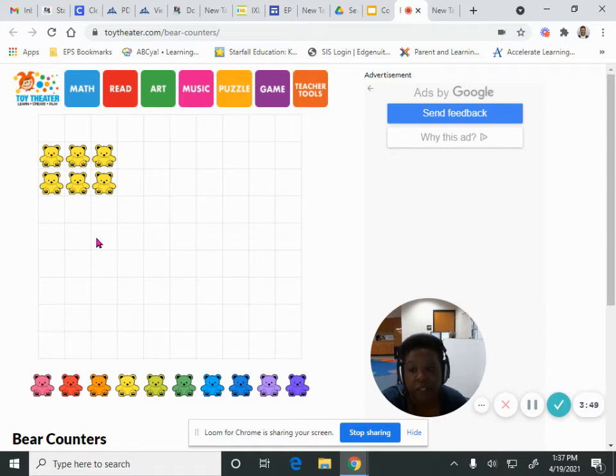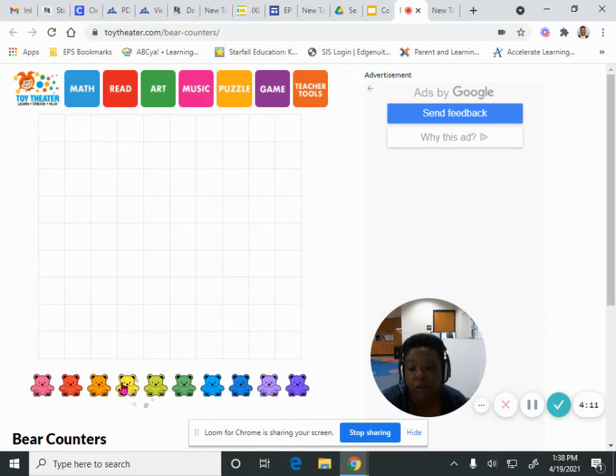What happens if we count by twos? Let's see. 2, 4, 6, 8, 10, 12. So changing our strategy did not change our answer. Excellent job.